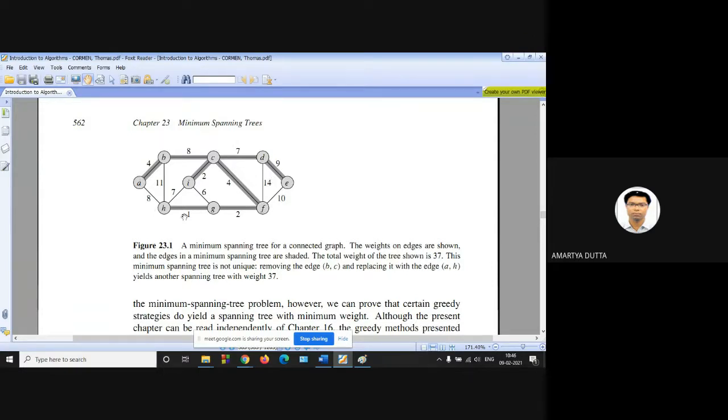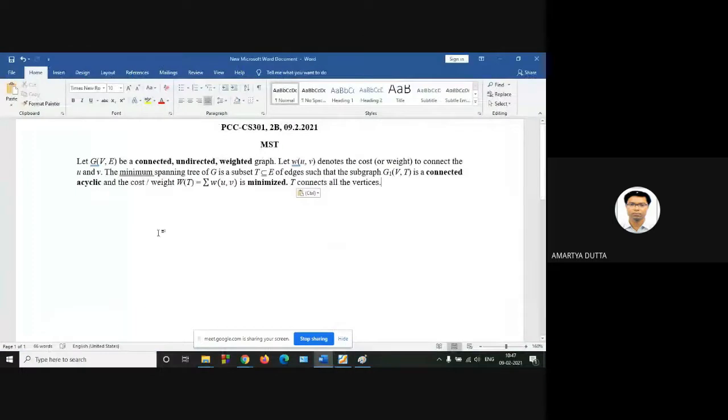So the graph is given. We have to find out the spanning tree of the graph. The spanning tree should be minimized. The weights should be minimized so that we can get the minimum spanning tree. To get the minimum spanning tree, there are two well-known algorithms, Prim's algorithm and Kruskal's algorithm.